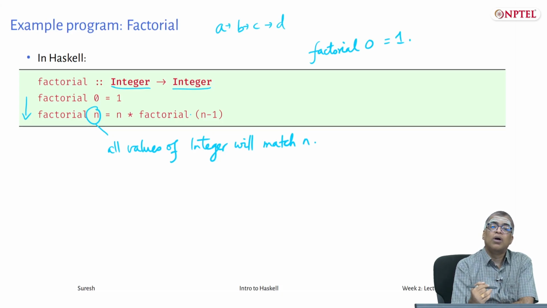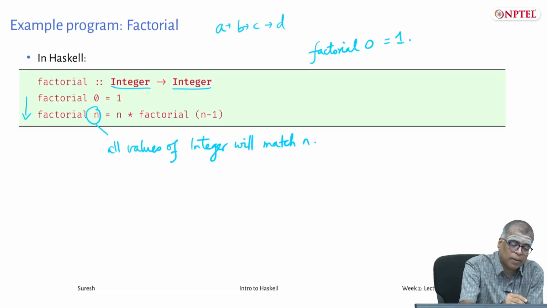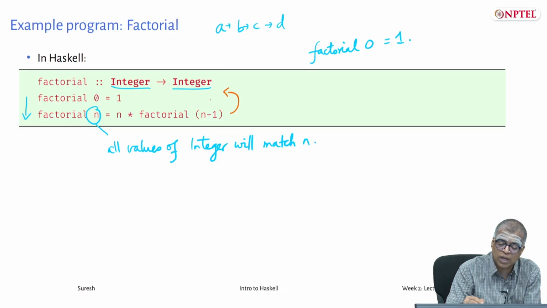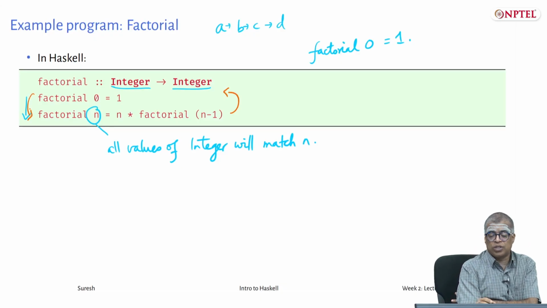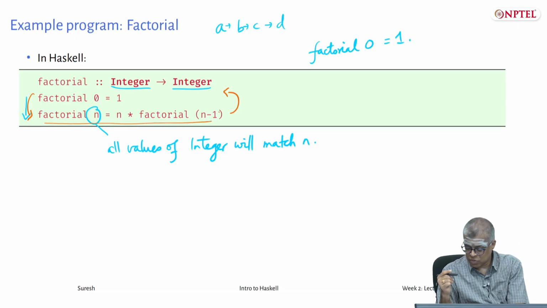It is also imperative that we give our definitions in the correct order. Suppose I had changed the order here, suppose I had put this first and that second, then factorial of 0 would have matched this line of the definition, and then it would go on without terminating. Okay, fine.